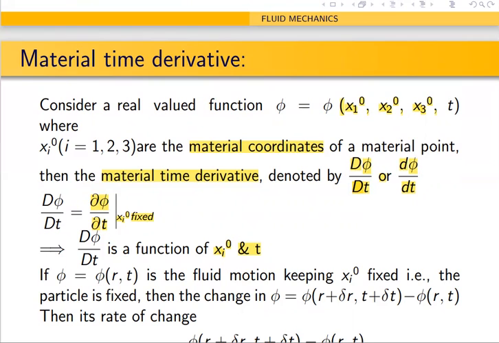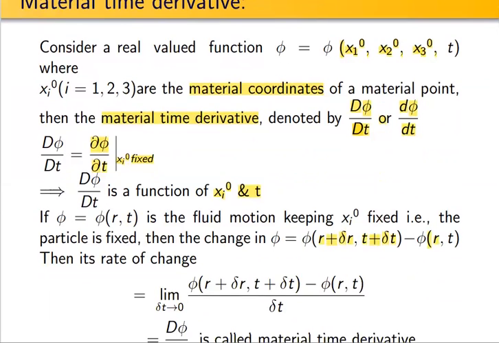Suppose our phi is a function of r and t. Suppose you take it in terms of r and t, as in the fluid motion, keeping xi naughts fixed. Then the change in phi is nothing but, you see r plus delta r, and there is r. You have to take both the changes, change in r and also change in t. So phi at r plus delta r, t plus delta t, minus phi at r and t. That is the change in phi.